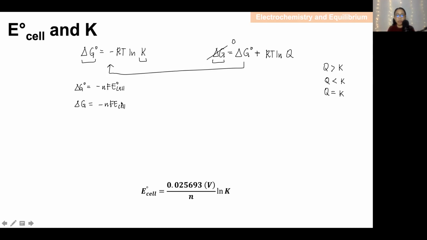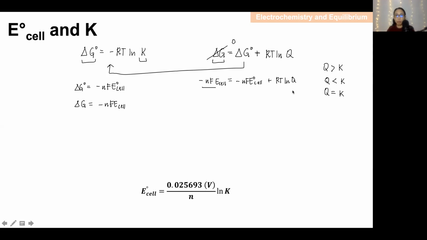This is our non-standard state. So if we replace delta G with negative nF E cell, again the non-standard state, and delta G naught with negative nF E naught cell, plus RT ln Q, okay?